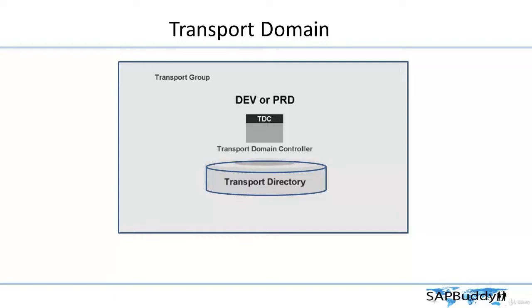As I said, in the initial stage we can select development as a domain controller, but in any case be very careful when selecting a quality system as a domain controller, because the quality system may not be feasible for various reasons. In many cases you will also do a system refresh from development to quality systems.